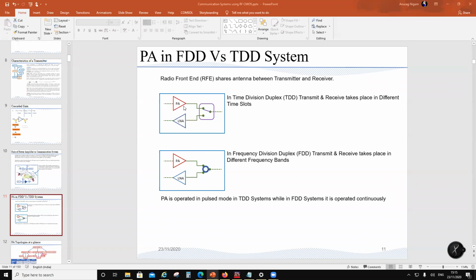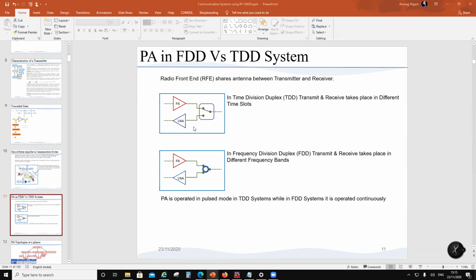If you design a PA for a TDD system, the PA has to be rugged. If you design it for a CW system, the ruggedness constraints are a little relaxed. That's the basic difference between designing a PA for a TDD system or an FDD system.